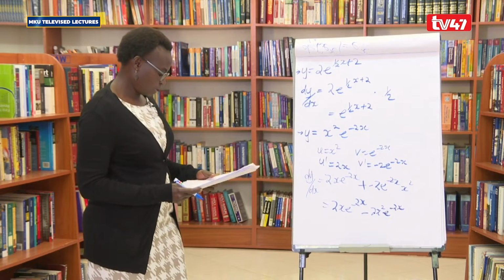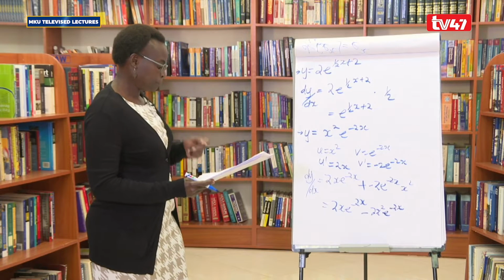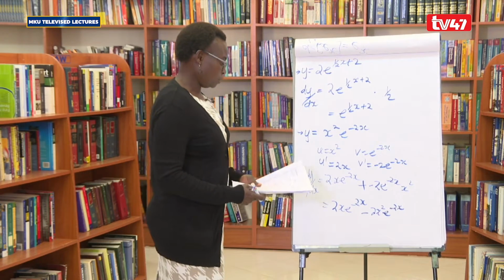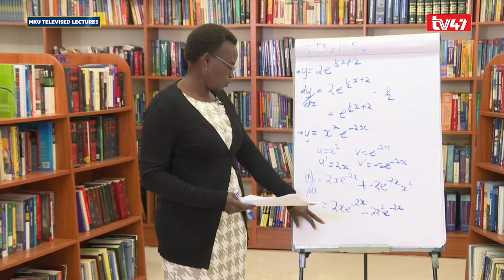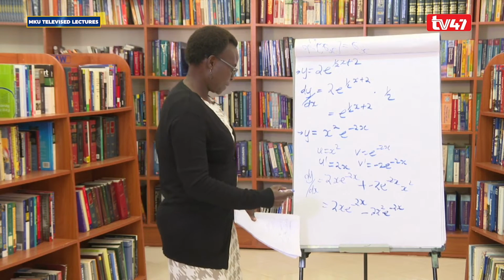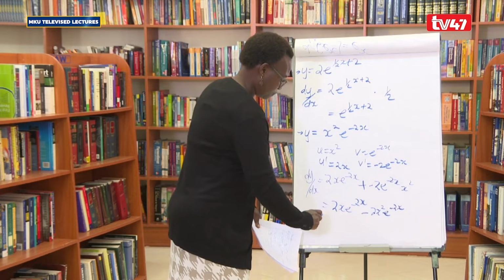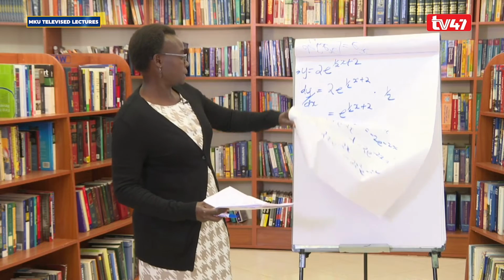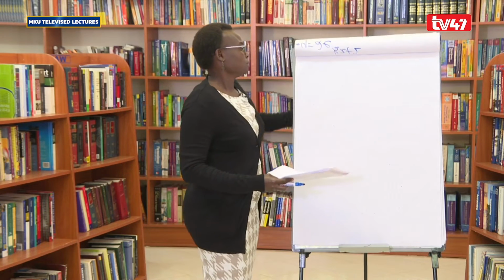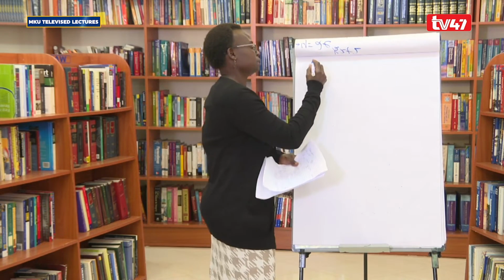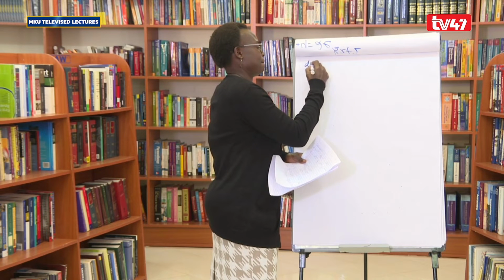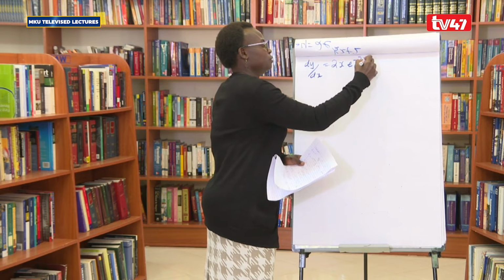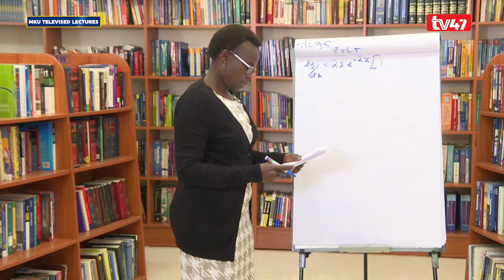So we can choose to factor out what is common in the two. So you can choose to factor out 2x e to the negative 2x, so that would give us 2x e to the negative 2x into 1 minus x.